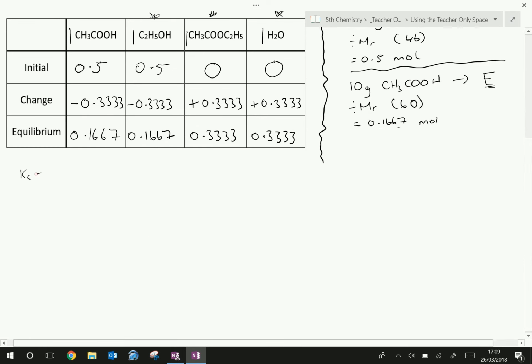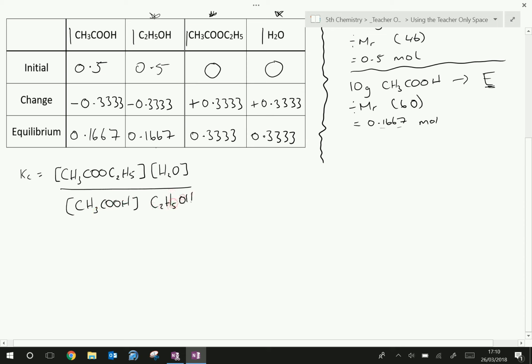So I have Kc equals [CH3COOC2H5] with my water, all over my ethanoic acid concentration and my ethanol concentration. So I have equilibrium concentrations for all of those. Remember, we only sub in the values from this row, the equilibrium row, never from any other row.